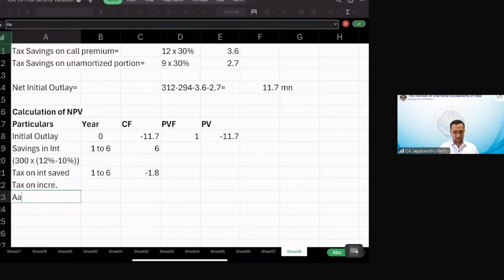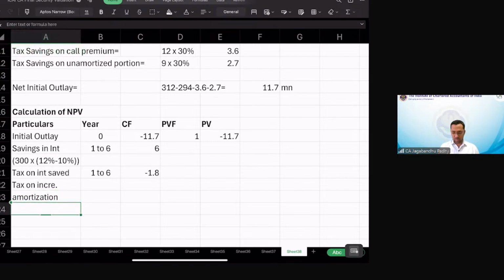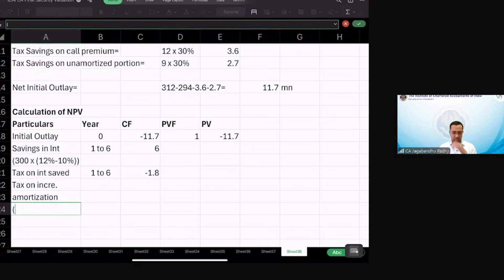Tax saving on incremental amortization. Now, what is the incremental amortization? It is the tax that we need to pay on incremental amortization.